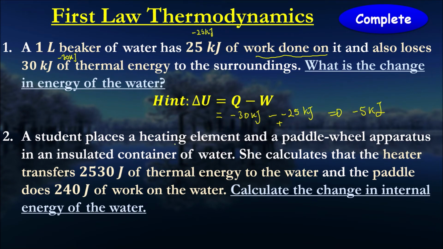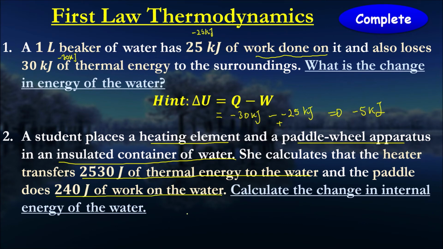A student places a heating element and a paddle wheel apparatus in an insulated container of water. She calculates that the heater transfers 2,530 joules of thermal energy to the water, and the paddle does 240 joules of work on the water.